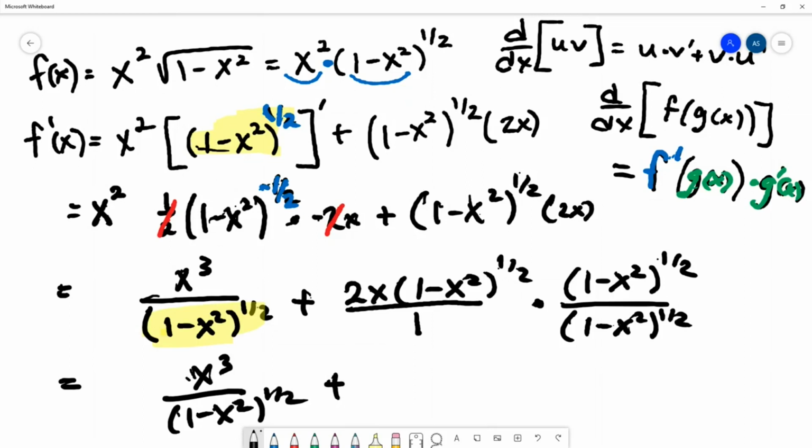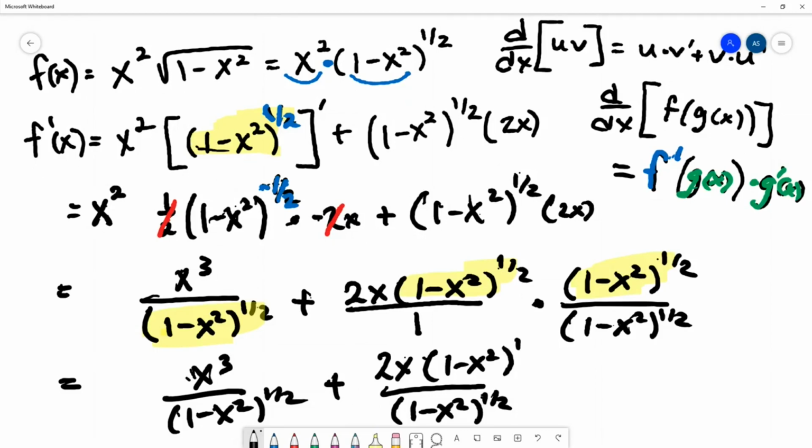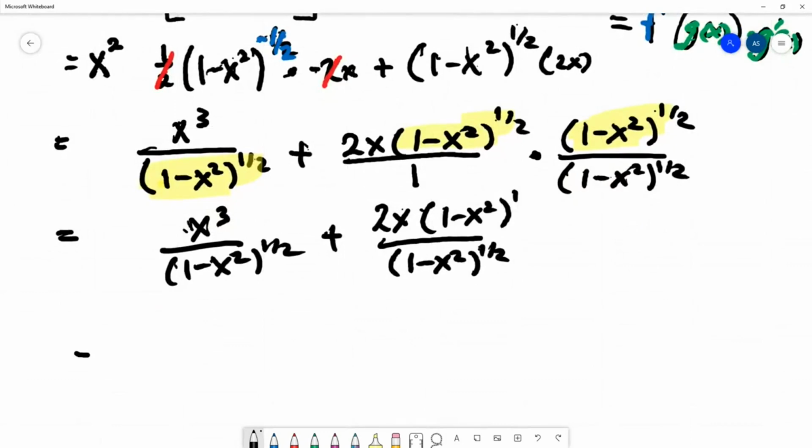Okay, then the second term, we now have that common denominator, 1 minus x squared to the 1/2. And in the numerator, I've got that 2x, and this factor and this factor have the same base. So when we multiply them, we can add the exponents. So that will be 1 minus x squared, and 1/2 plus 1/2 is 1. So now I have 1 minus x squared to the 1/2 in the denominator.